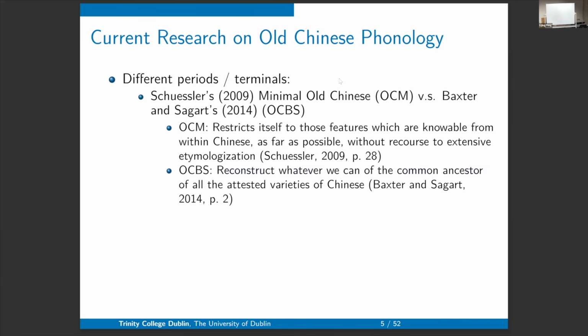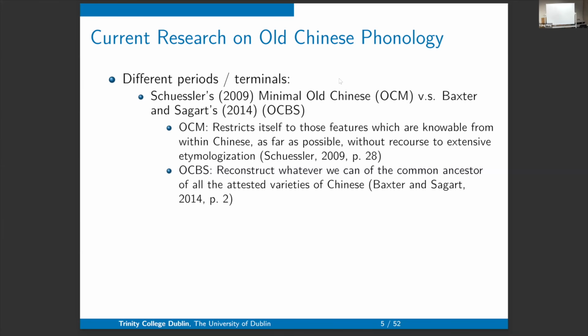But he's trying to make it uncontroversial, right? Whereas Baxter and Sagart are really going for the oldest possible form of Old Chinese imaginable, using all the possible evidence they could get their hands on, and being relatively imaginative, let's say, with etymological hypotheses. So that's the difference between the two of them. Given this difference in approach, you can mechanically convert Old Chinese of Baxter and Sagart into Schuessler's, but you can't do it the other way.